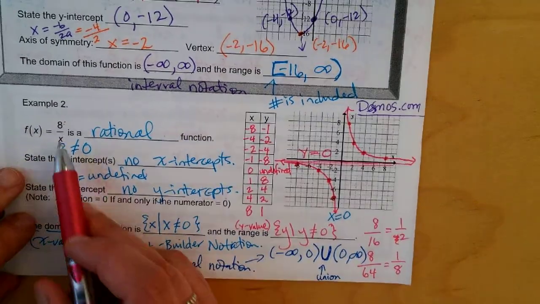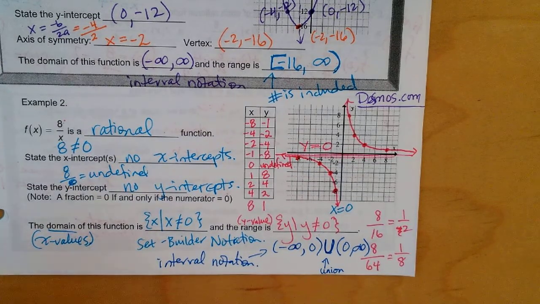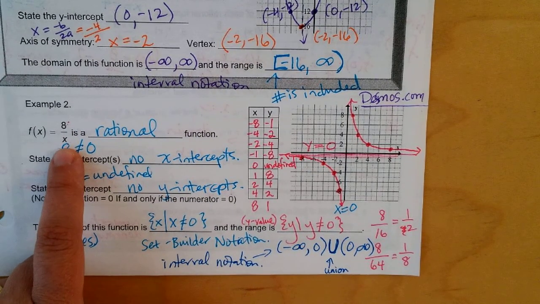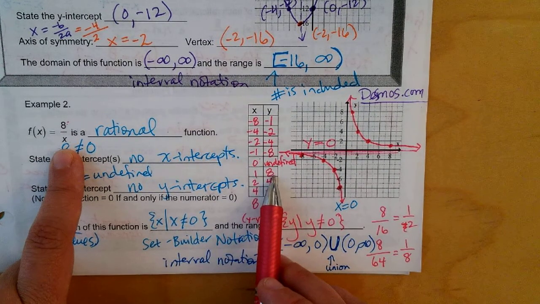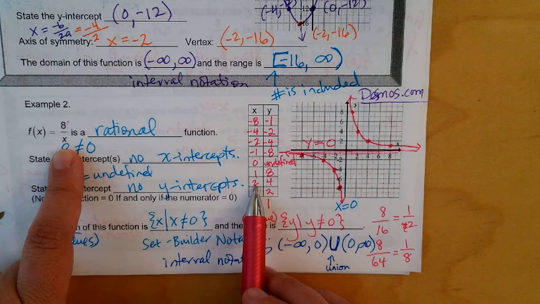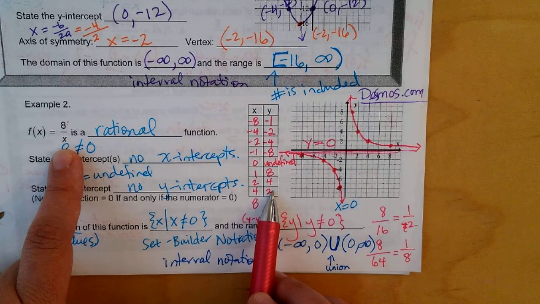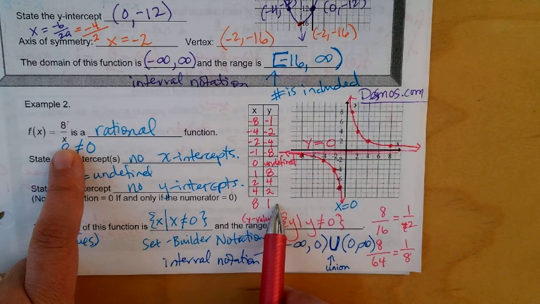The idea is, if you had $8 and you're dividing it by a certain number of people, if I divide it by one person, I get to keep all of it. $8 divided by 2 people, now we split it in half. $8 divided by 4 people means each of us gets $2. $8 divided by 8 people means we get $1 each.